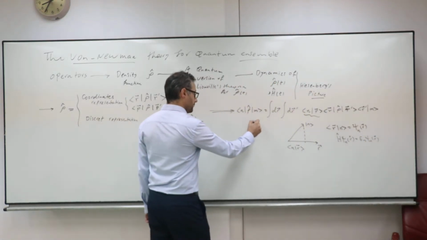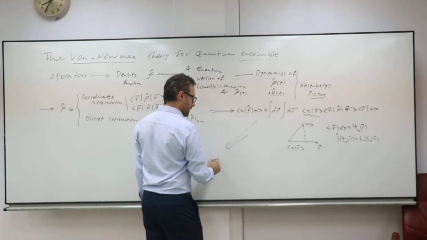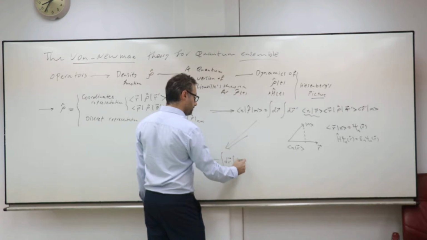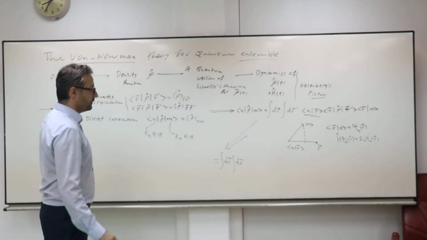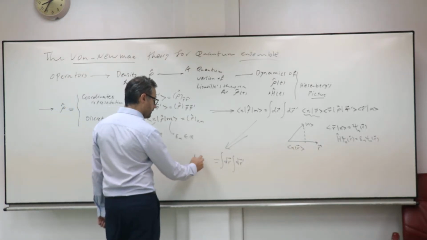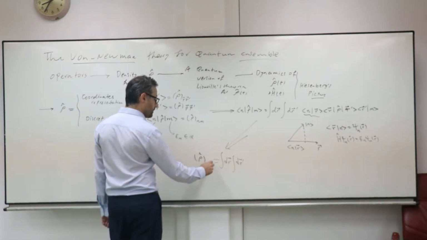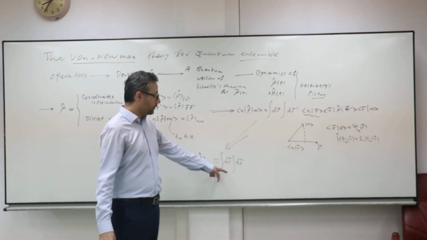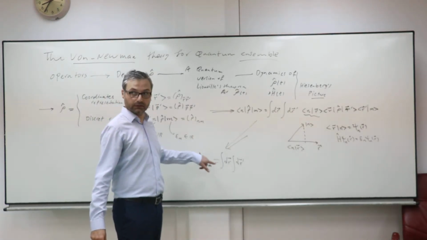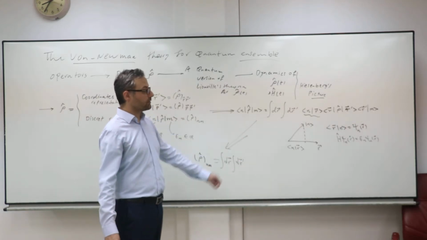So this one line has a very rich structure actually. It shows that you can relate the matrix representation of any operator to the integral representation, from the discrete to the continuous one.